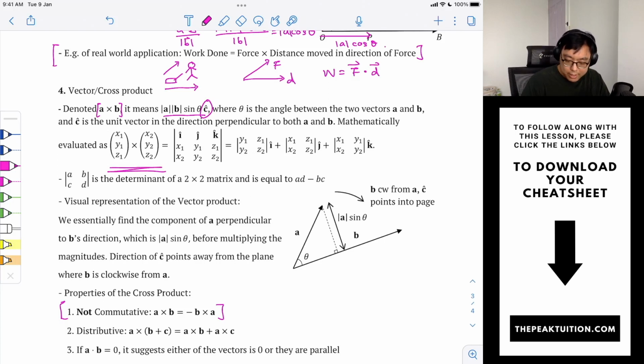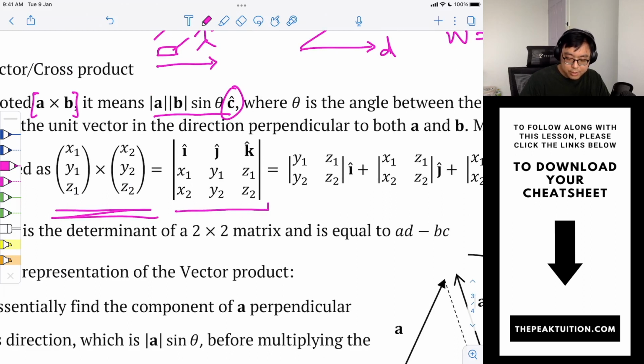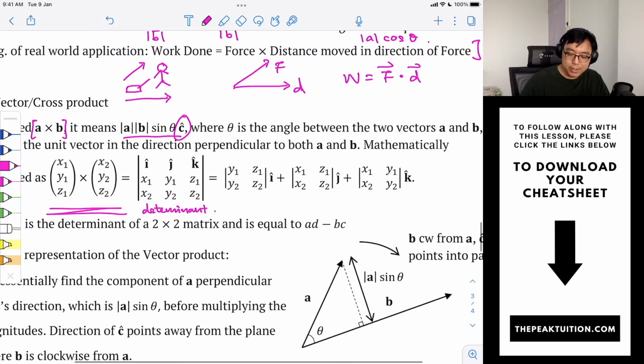For context, this line bracket here means determinant, to calculate the determinant. I believe most of you should have studied matrices previously in secondary school. So this just tells you this is a determinant calculation.